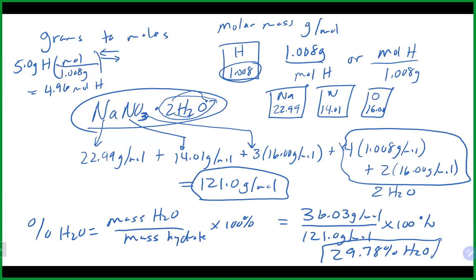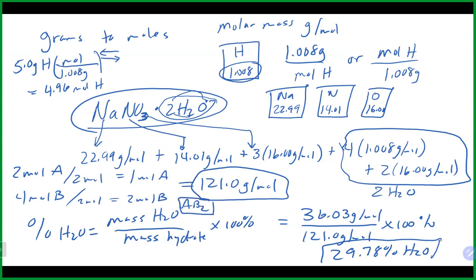So for example, if we converted the grams and ended up with 2 moles of A, and we ended up with 4 moles of B at this point, what we would divide by is the smallest, which is 2. So you would divide by 2, and that would give me 1 mole for A, and that would give me 2 moles for B, and that would be our empirical formula. Basically it would be AB2.